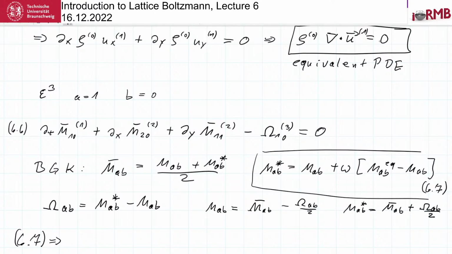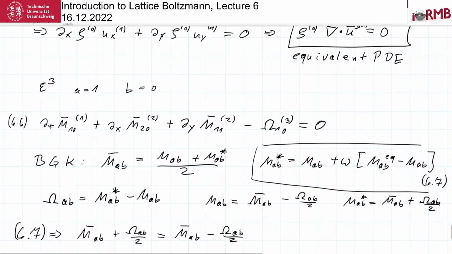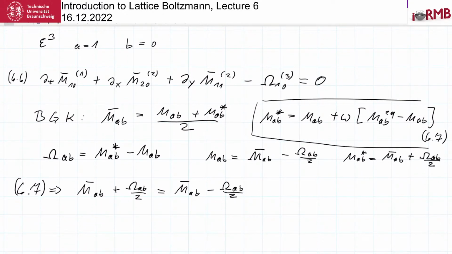So that's the difference, and this we put into equation 6.7, ending up at MAB bar plus omega AB half is equal to MAB bar minus omega AB half, so it's just a replacement, right? Plus omega MAB equilibrium minus MAB bar plus omega AB half. Okay? Just putting everything into everything.